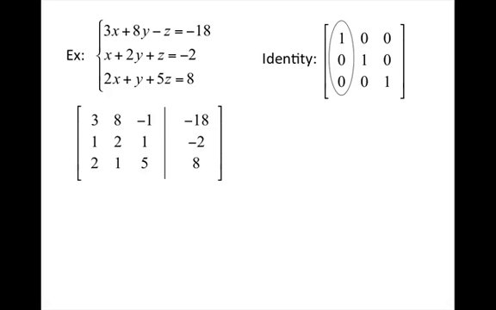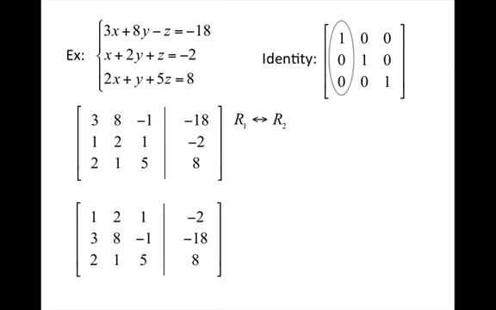That allows me to switch 2 rows in my matrix. So I'm going to switch rows 1 and row 2. So when I do this, row 1 becomes 1, 2, 1, negative 2. And row 2 becomes 3, 8, negative 1, negative 18. And row 3 stayed the same, 2, 1, 5, 8.